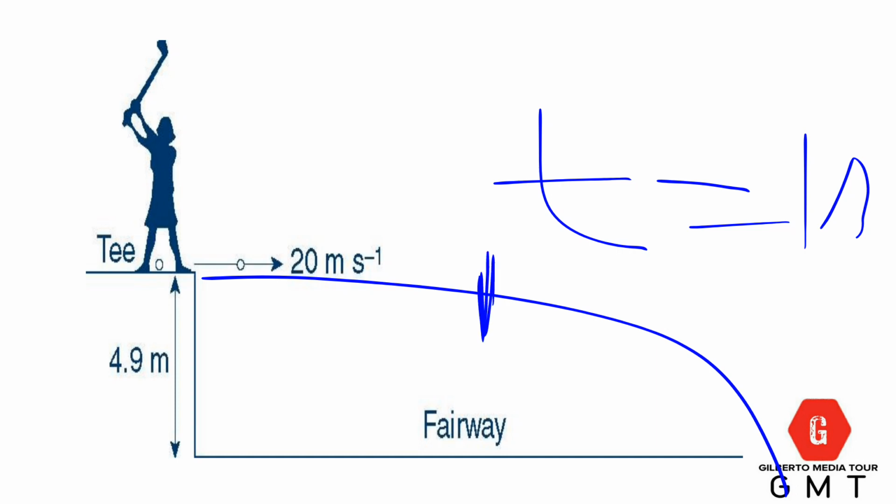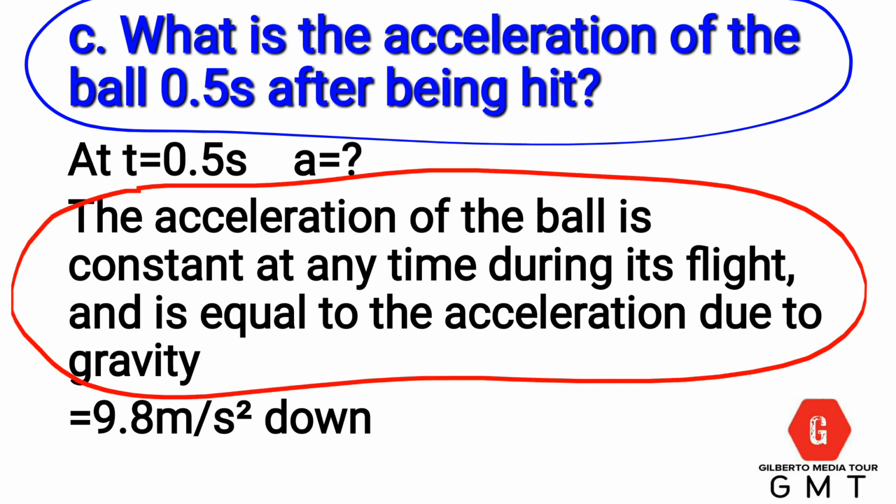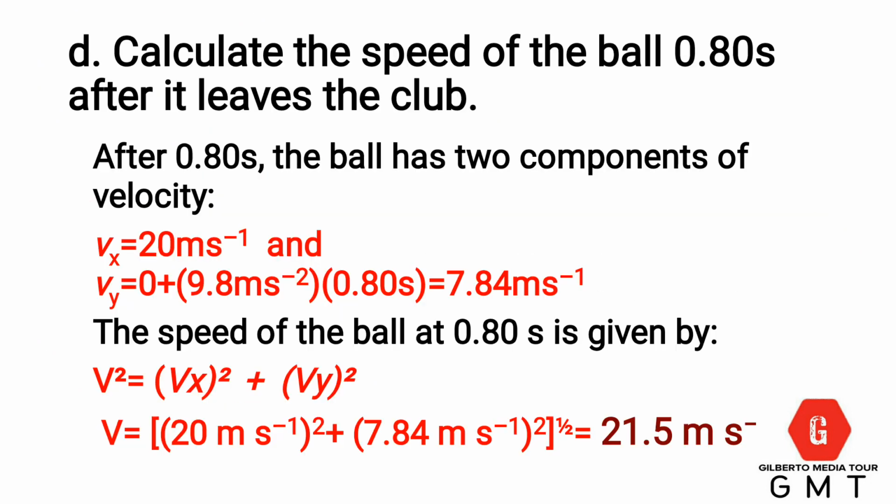It means that the ball is under the acceleration due to gravity. The acceleration of the ball is constant at any time during its flight and is equal to the acceleration due to gravity. This is the answer. It means that the acceleration of the ball at this time, 0.5 seconds, is equal to 9.8 meters per second squared.